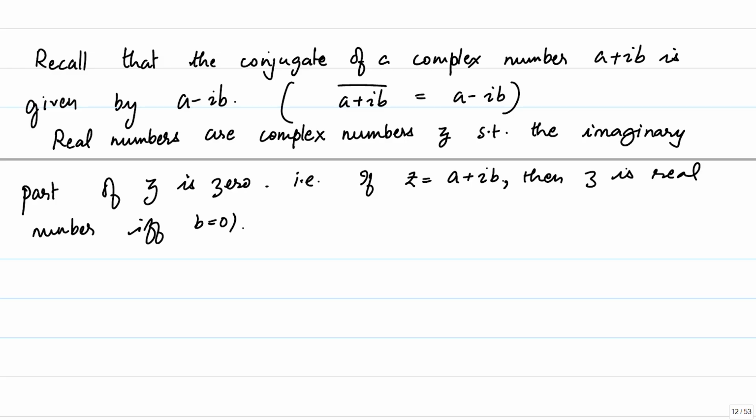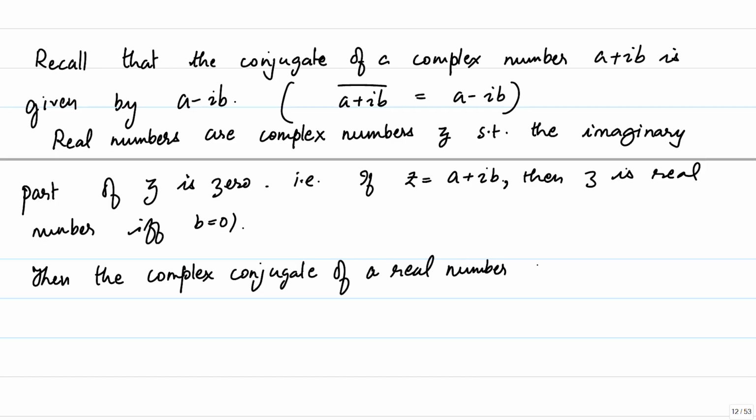So what is now the complex conjugate of a real number? The complex conjugate of a real number is itself, because the imaginary part is 0. So B is 0, minus B is also 0, right? The complex conjugate of a real number is the number itself.